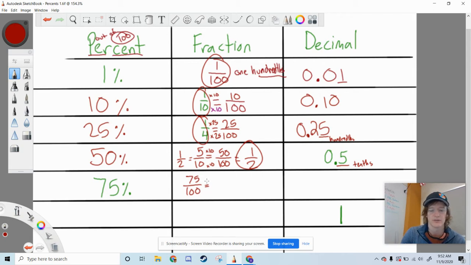But I'm going to choose to do a larger number. I'm going to divide by 25 because when I think of money in quarters, I know that this is 3 quarters and this is 4 quarters. So I can divide those by 25, and it's going to be 3/4. And that's simplest form there. And as a decimal, here it is going to be 0.75.